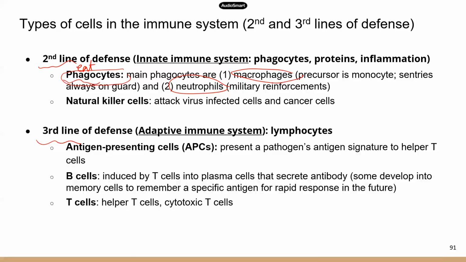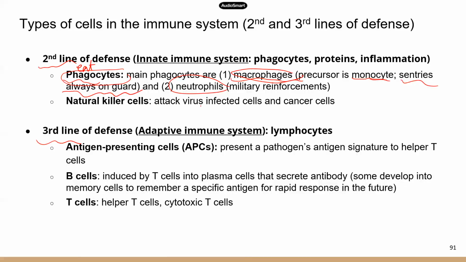So there are two main types of phagocytes. Macrophages come from monocytes, which are present in the blood. Once the monocytes leave the bloodstream and enter the tissues, they become macrophages, and they have a big appetite for foreign invaders. Normally macrophages are always on guard to protect us, but sometimes they need some help, right?